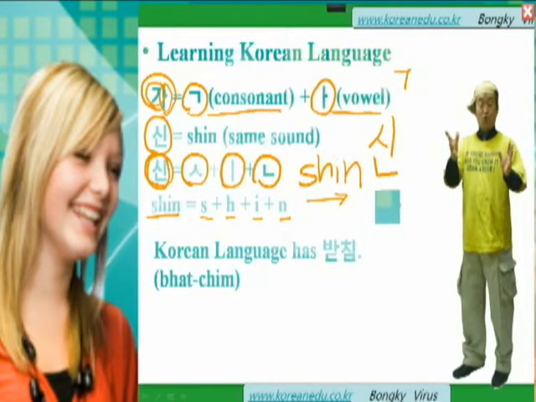Yes, that's the difference. The Korean language has 받침. 받침 is this. The consonant below is 받침. 시옷, and this is the vowel, 이, and this is 받침. This word has 받침s too. Here, 디귿 and 미음. These two are 받침. That's the biggest difference between Korean and English. Okay.